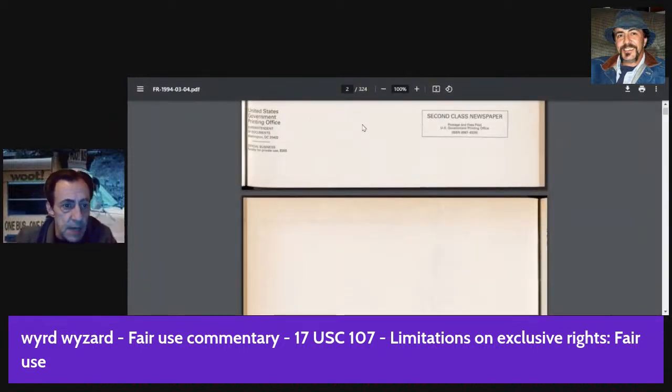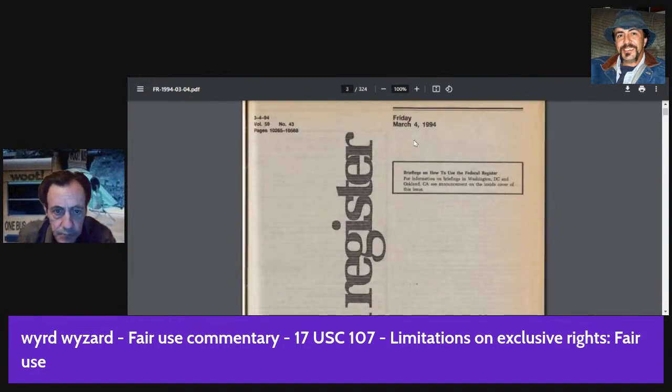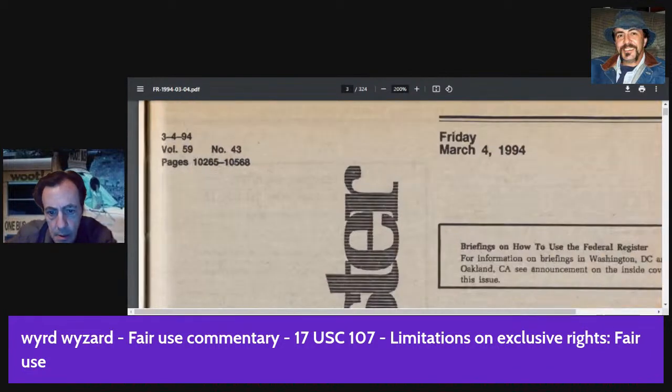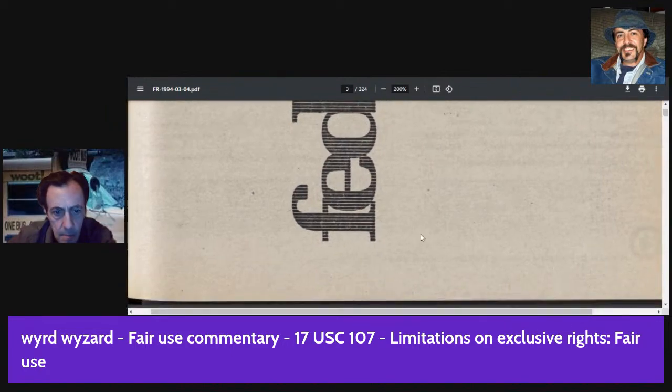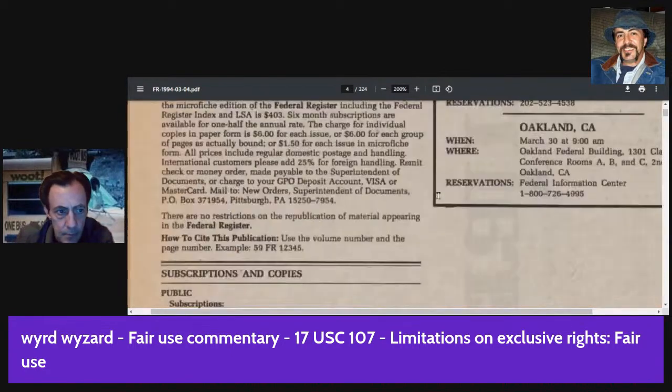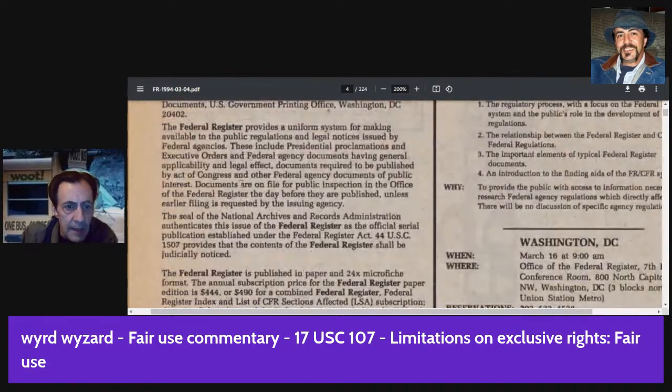So back to the Federal Register. This is from the United States Government Printing Office. Briefings on how to use the Federal Register. Federal Register provides a uniform system for making available to the public regulations and legal notices issued by federal agencies.